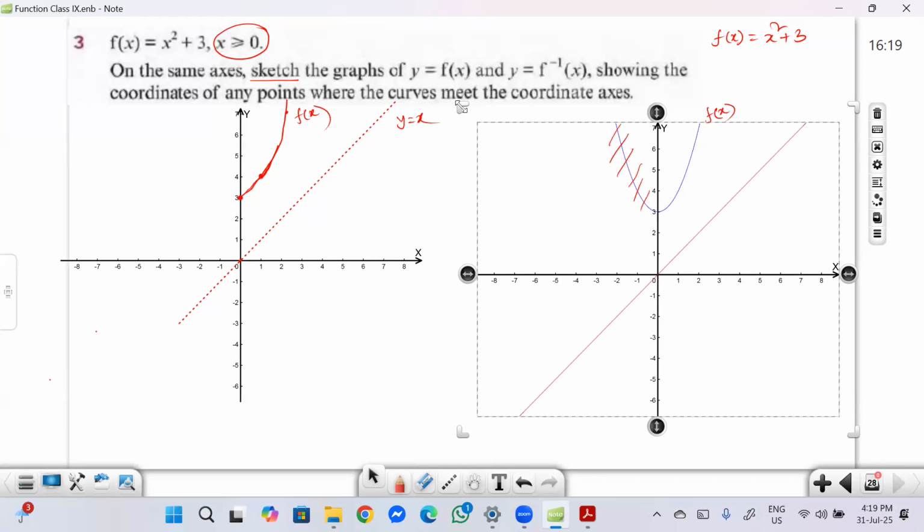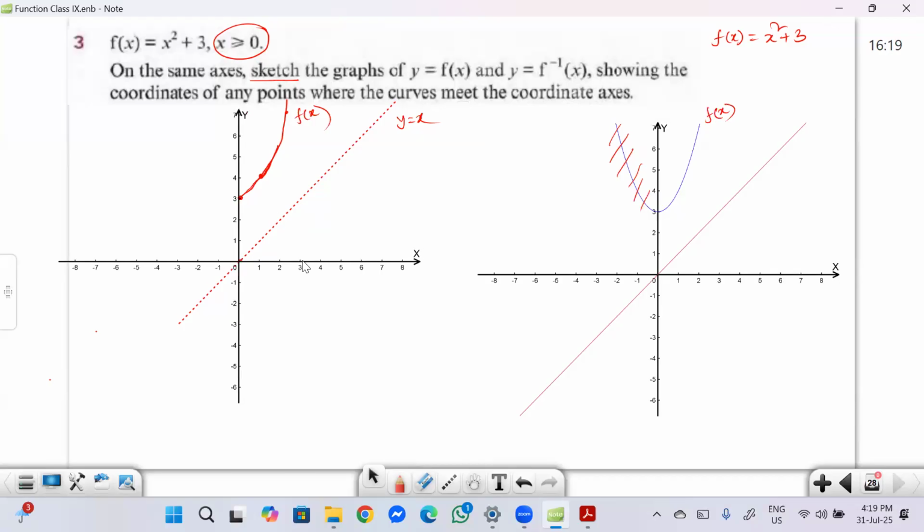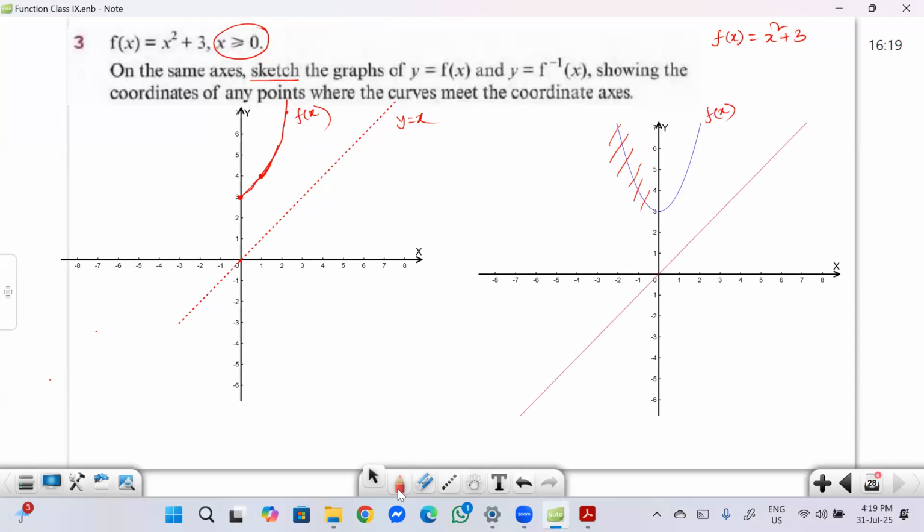Now what we need to find is the graph of the inverse. Here is how the graph of the inverse will work. As we have found, for 0, 3, it will be 3, 0. 0, 3 will be reflected to 3, 0. 1, 4 will be reflected to 4, 1.